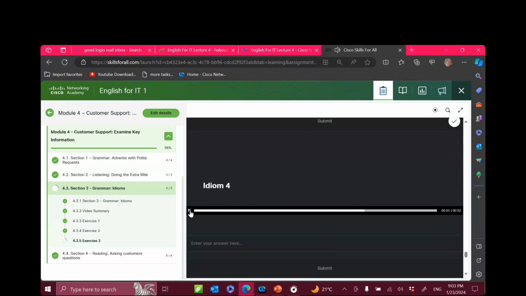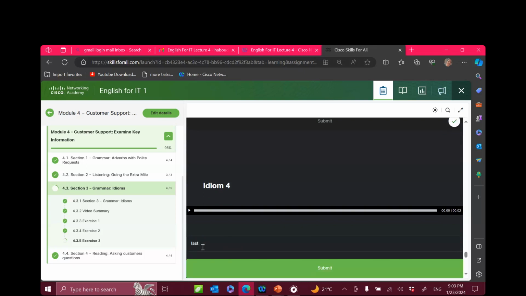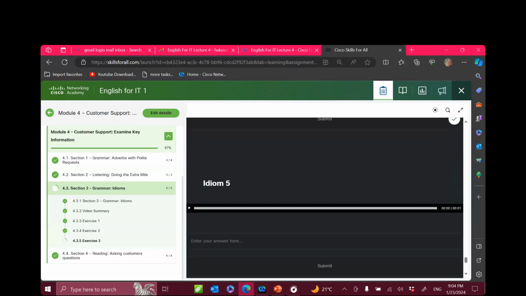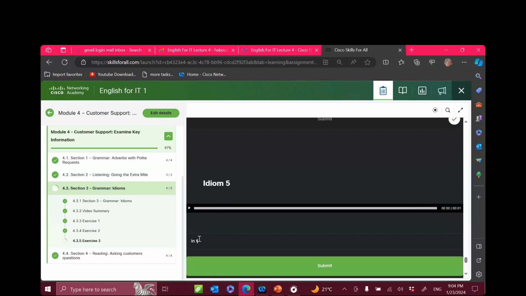Number 4: last but not least. Again. Last but not least. Okay, like this. Is that correct? Yes, very good. Would you help me with idiom 5? In the long run. Again. Is that correct?